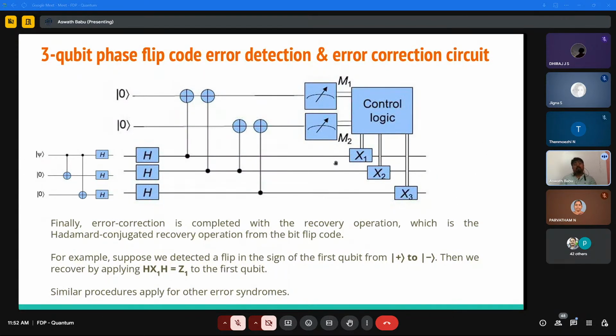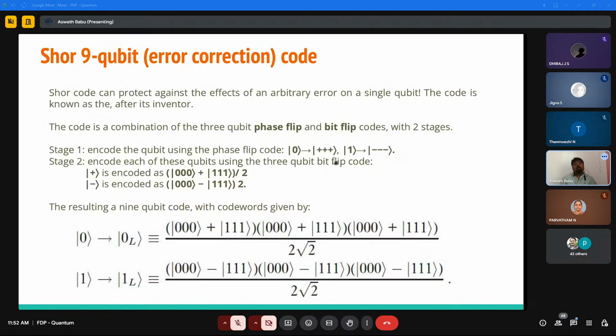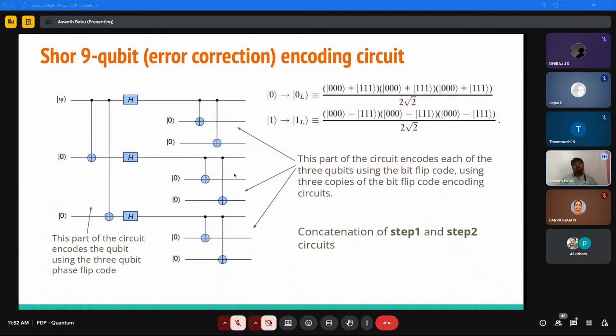If the error is happening in more than a few qubits, in that case, we'll go for the 9-qubit error correction code. Even if up to 4 qubits get compromised, there are 5 more majority qubits that will tell me what the problem was.